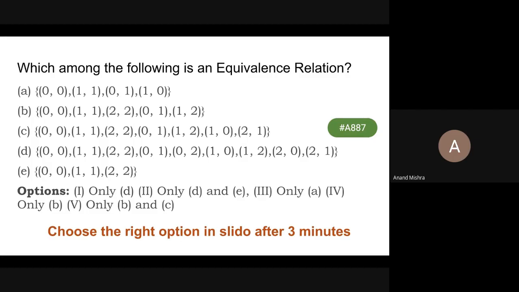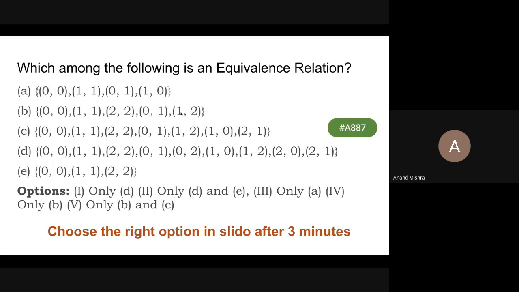Okay, and this is the question. By the way, I have not said equivalence relation, but an equivalence relation is something which is reflexive, transitive, and symmetric. All the 3 properties we discussed, reflexive, symmetric, and transitive, is called an equivalence relation.